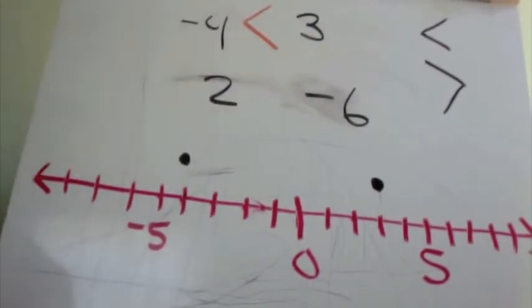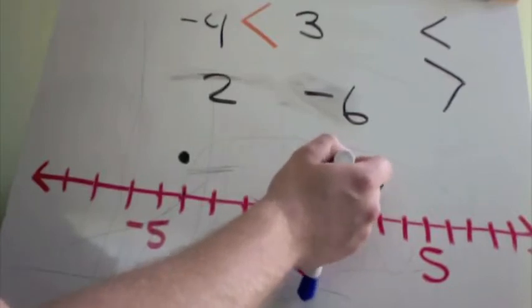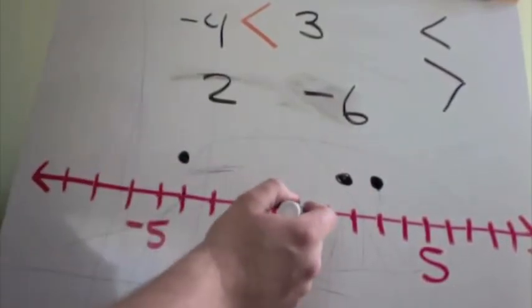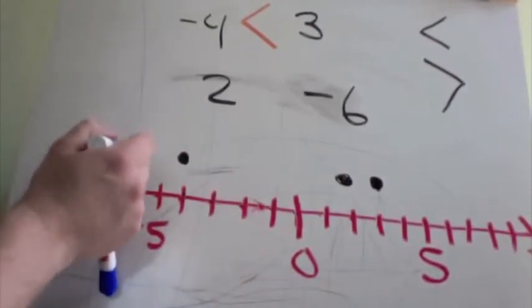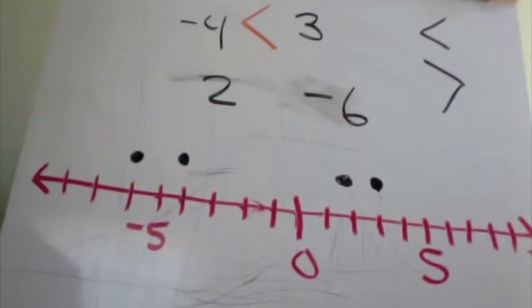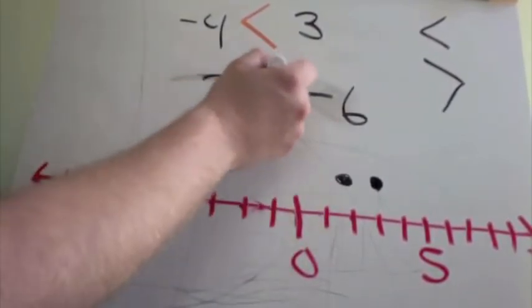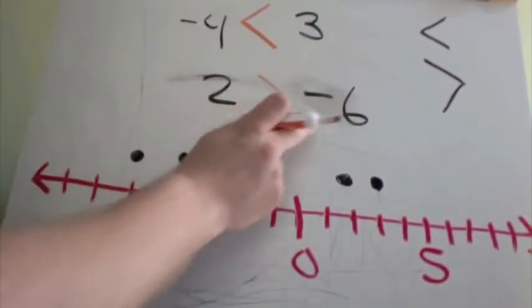So we can look to our number line and we say, okay, well, where's the 2? It's right there. Where's the -6? Well, we have to go this way. We have to go from 0, 1, 2, 3, 6. Okay? So in this case, 2 is bigger. So the alligator wants to eat the bigger one, make you eat the small one. So 2 is greater than -6.